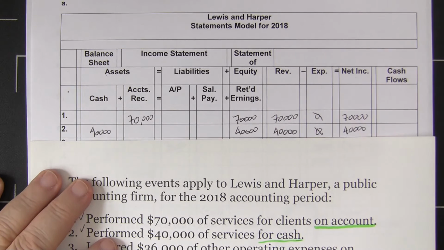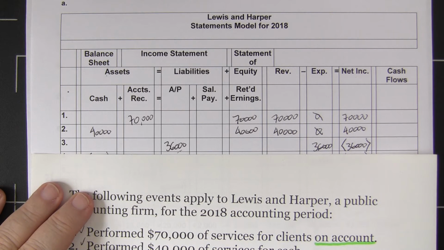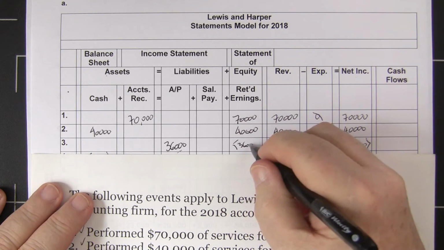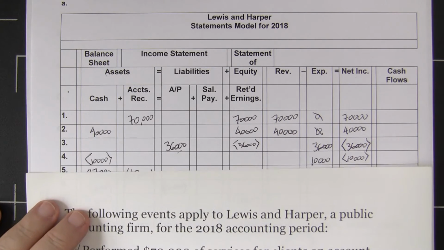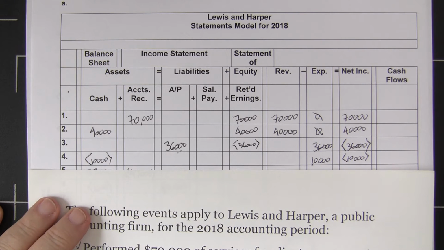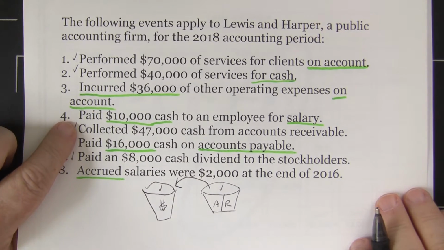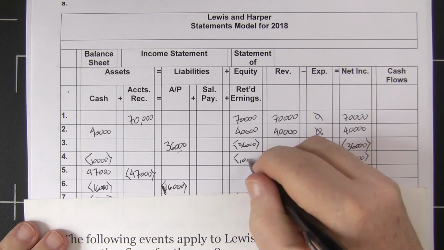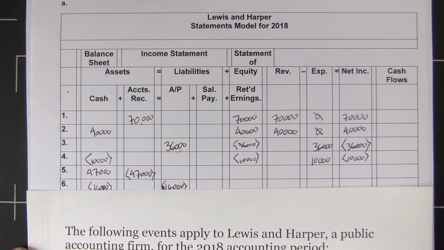That increases retained earnings. We don't have to do the accounting right away, but it does increase the value of the company. Our liabilities, we owe somebody money. That reduces our retained earnings because the company's worth that much less. Then we have that $10,000 payment for cash, that's salary, that reduces retained earnings because it reduces the value of the company.